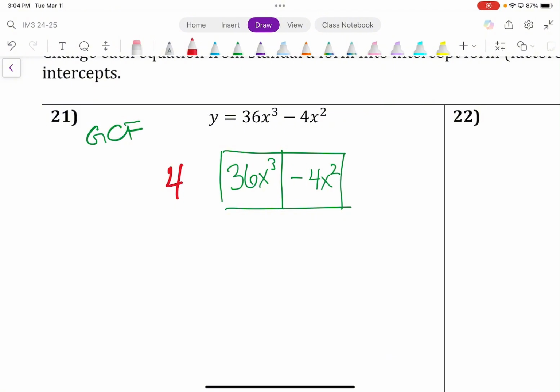An x, but how many x's can I take out? 2. I can't exceed the lowest number of x's. So I take a 4x squared out. 4x squared times what would give me 36x cubed? 9x. And then 4x squared times what would give me negative 4x squared? Negative 1. So these are going to be your factors.